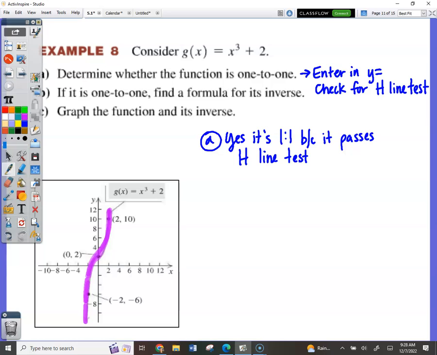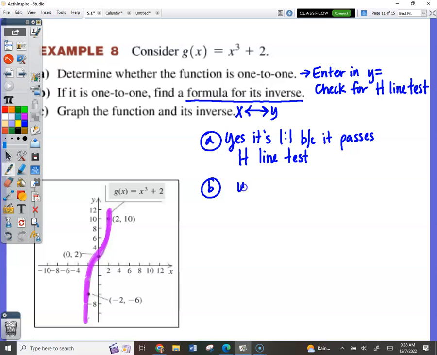They want you to now find the formula for its inverse. That means find the equation of the inverse, which means to do what? Swap x and y and solve for y. This means swap x and y. I'm going to just put x with an arrow to an arrow. Swap x and y and solve.